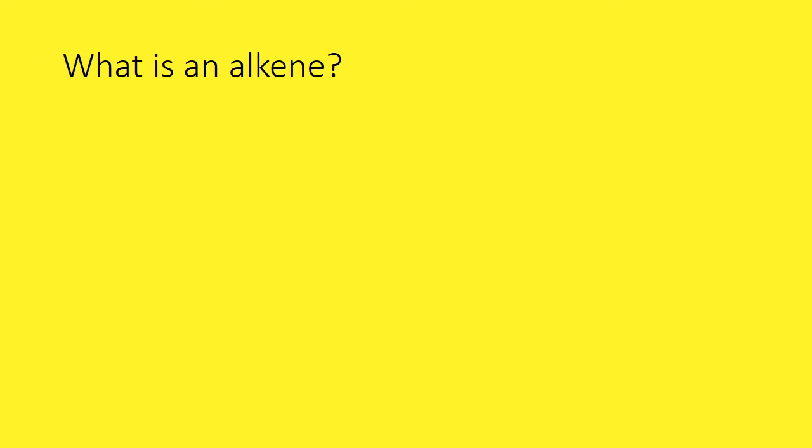What we can say is the functional group of an alkene is the double bond between the carbons. All alkenes will have at least one double bond, and double bonds are two pairs of electrons. Obviously a single bond is going to be one pair of electrons.